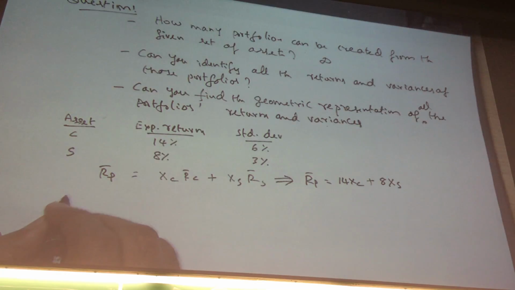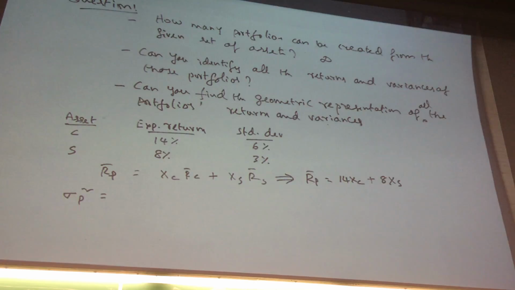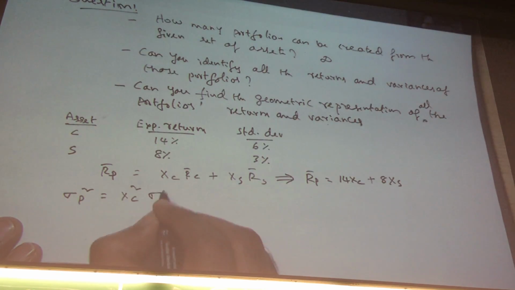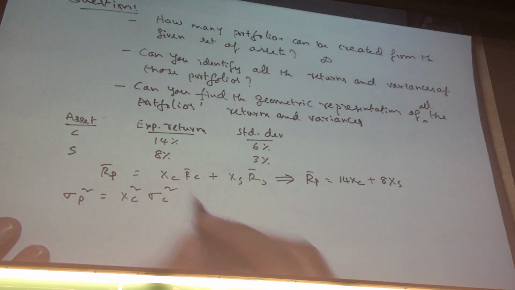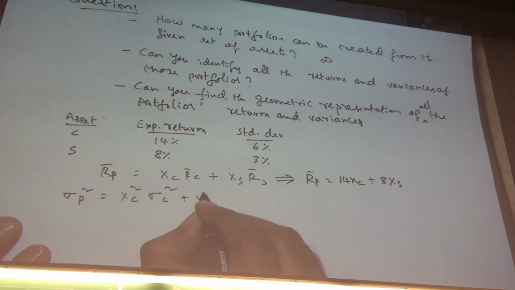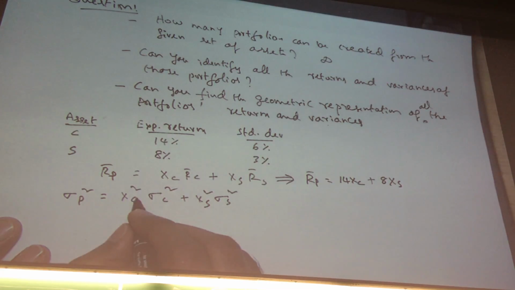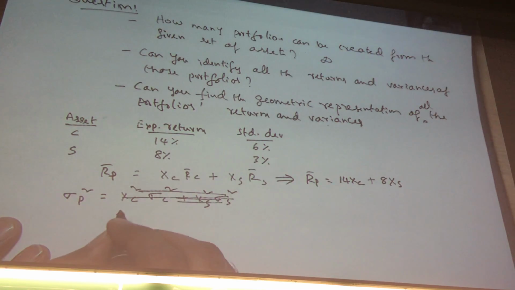And the variance of the portfolio that we are going to create, just use the same formula, but instead of writing 1 and 2, I change to C and S. C is my first stock, S is my second stock. XC square sigma C square, plus XS square sigma S square. Sorry, instead of doing that, I would like to simplify this further.